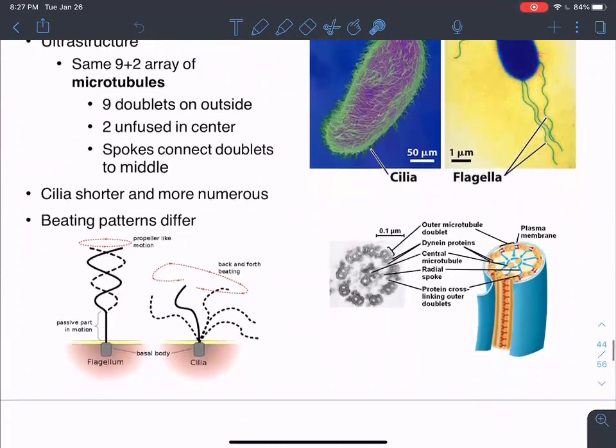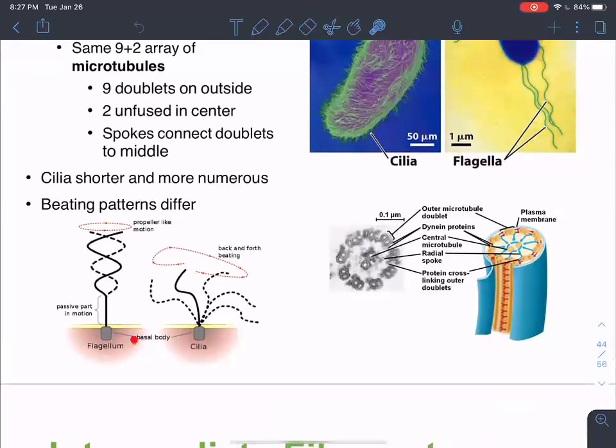So there's going to be a difference in beating pattern. The flagellum is going to use this propeller-like motion that allows it to propel itself. And then the cilia uses a whipping back and forth motion, like a beating pattern, to allow for movement of the cell.